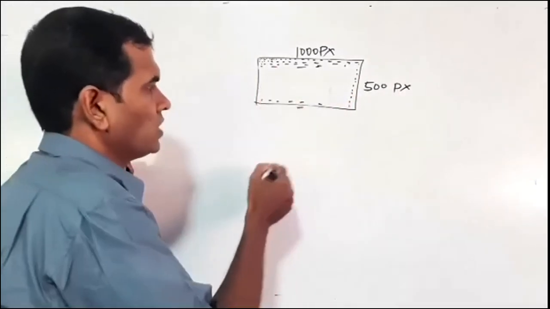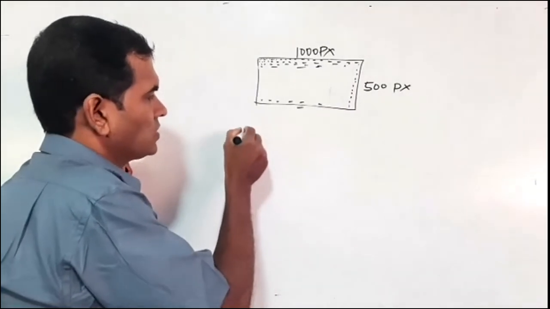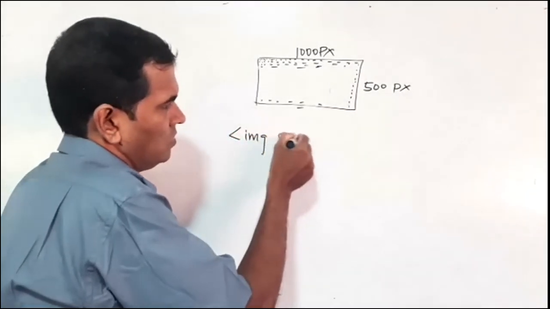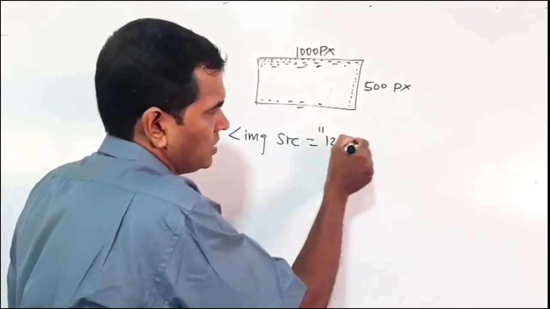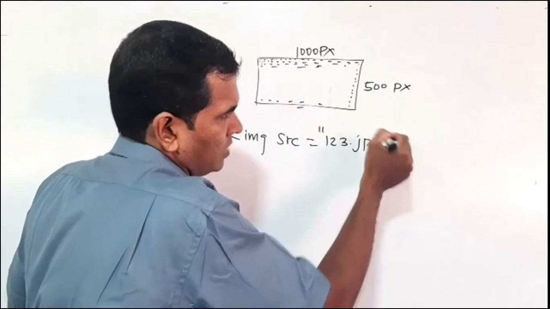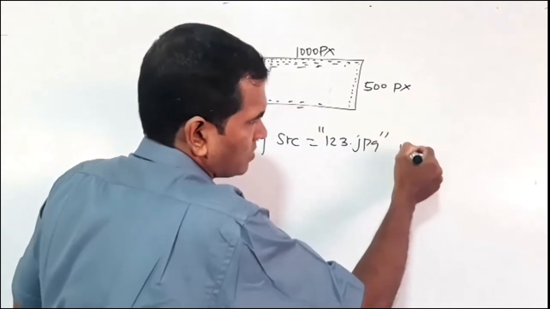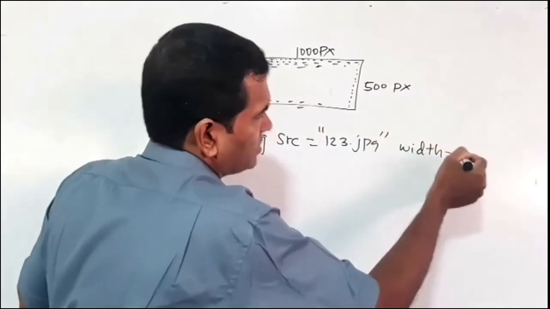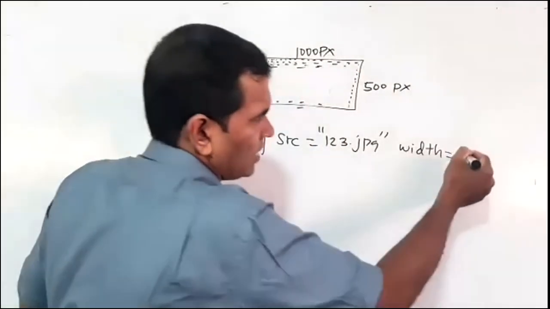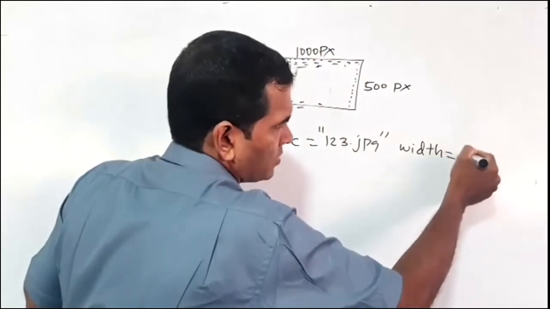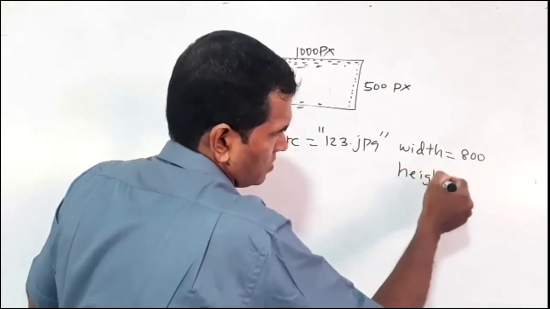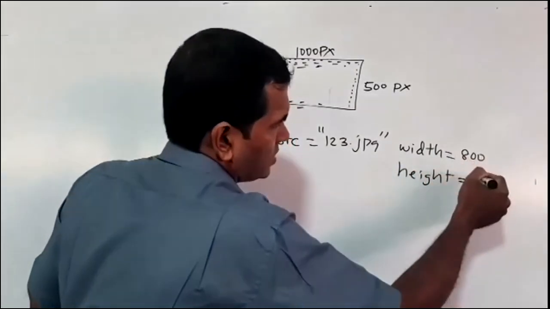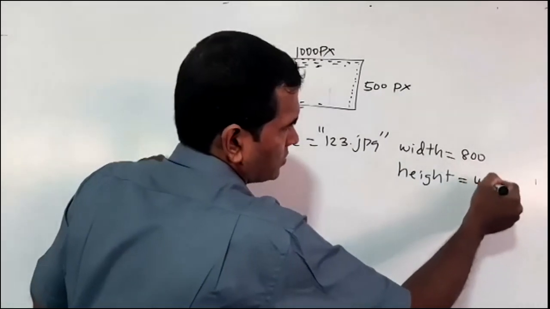So I just want to write img src. Okay, the source is there. Let me give a source like 123.jpg. Okay, and leave a space and width equal to, the original is 1000, but let's say I put 800 or something, and space height equal, let's say 450 or something.